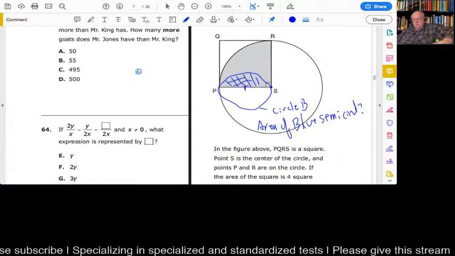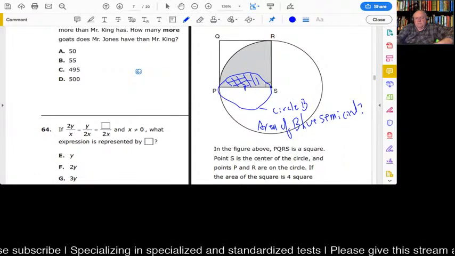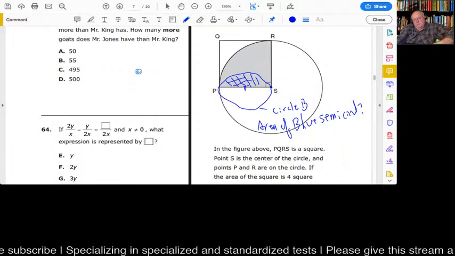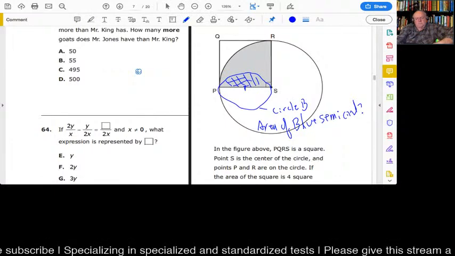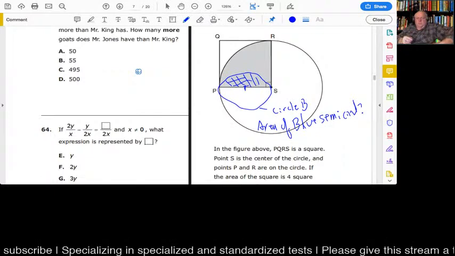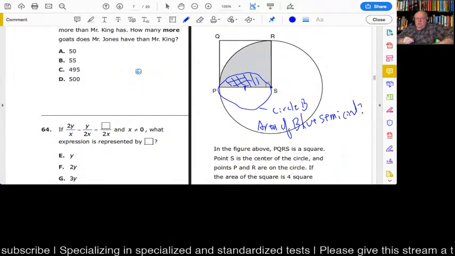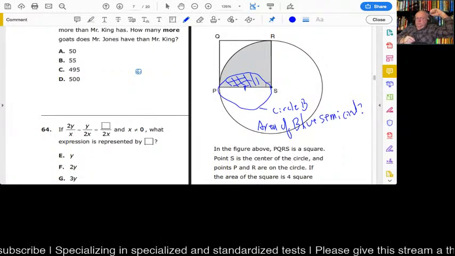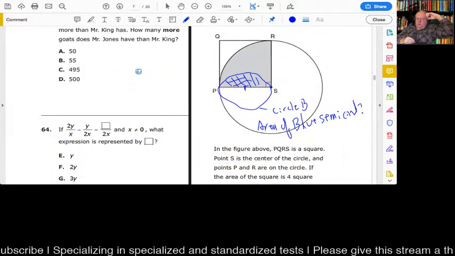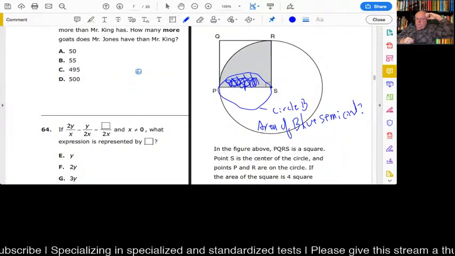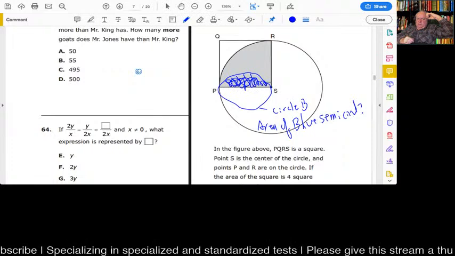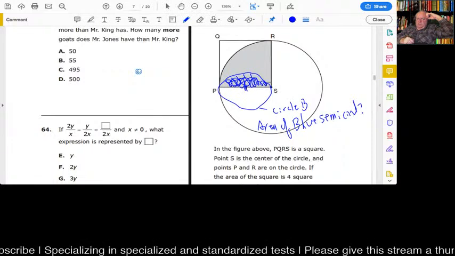Anybody have thoughts on that? What's the area of the semicircle, the hatched in part right here? Anybody have thoughts on that? And again, it's centered on the midpoint of P and S.